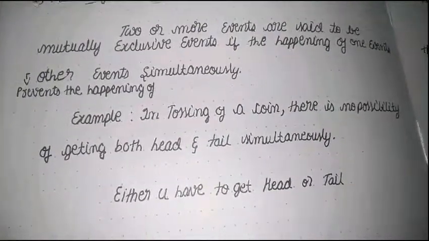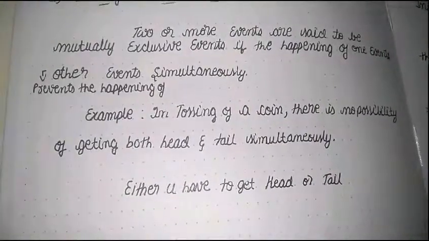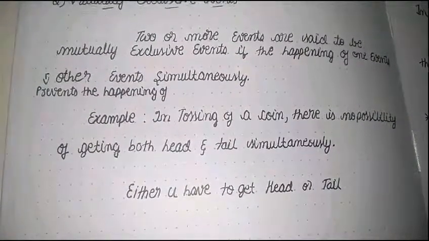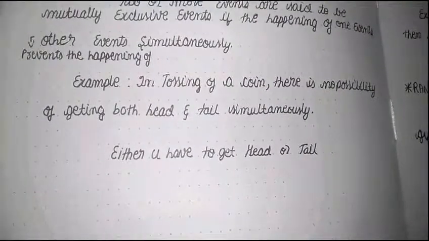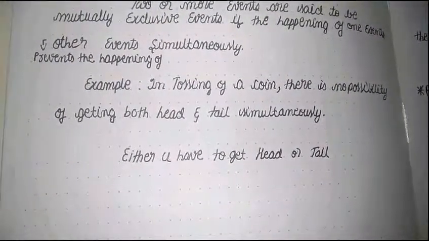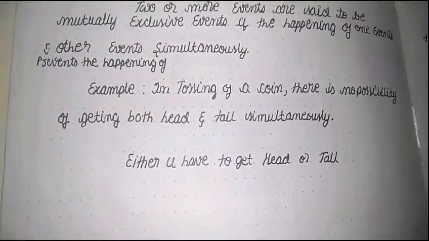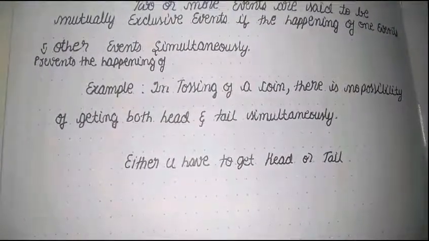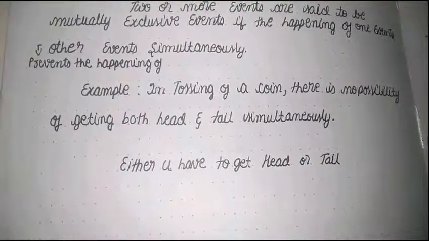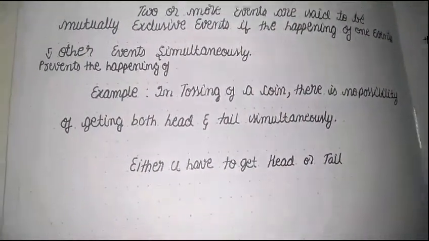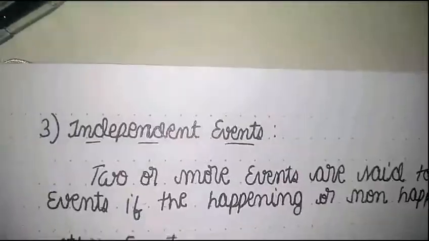Example, in tossing a coin, there is no possibility of getting both head and tail simultaneously. Either you get head or tail. That means when the outcome is head, we will not get the outcome tail. So, this is the simple definition of mutually exclusive events.